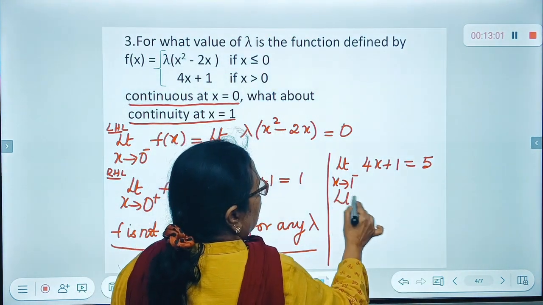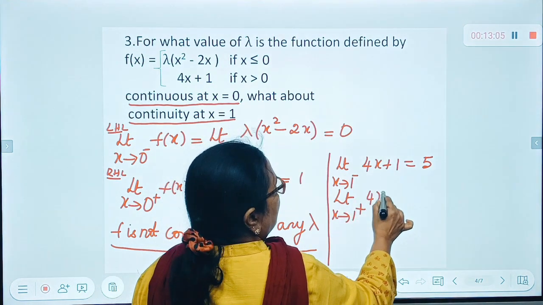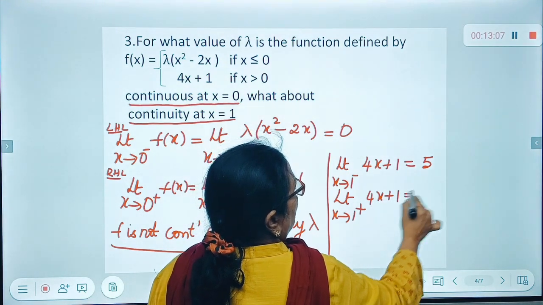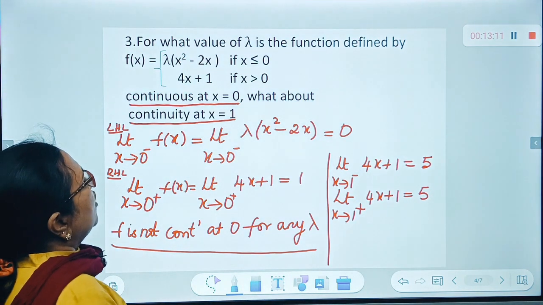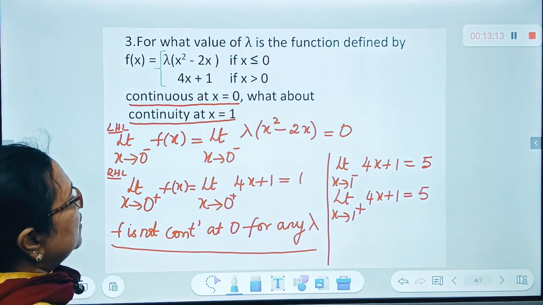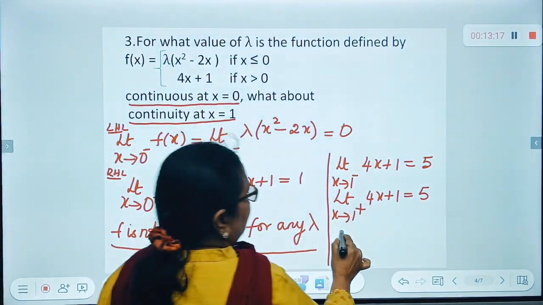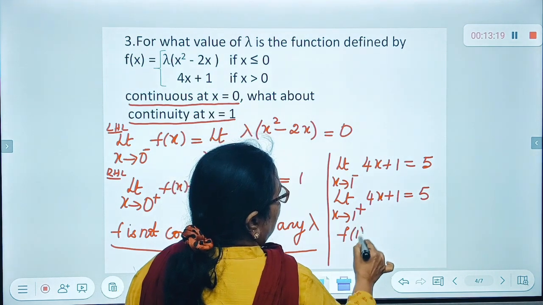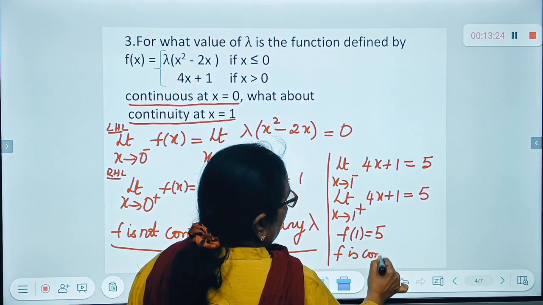What is limit x tending to 1 plus of f of x? That is also 4x plus 1. So when I put x equal to 1, I will get 5. And what will be the value of the function at x equal to 1? Again, this is 5. So f of 1 is also 5. So f is continuous at x equal to 1.